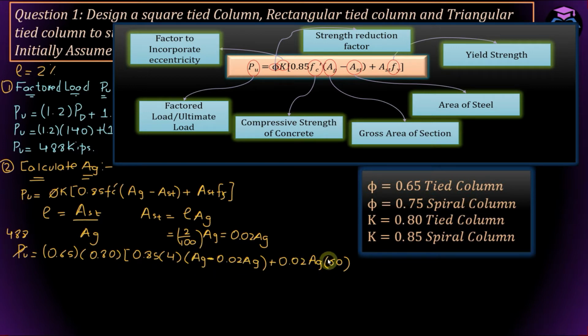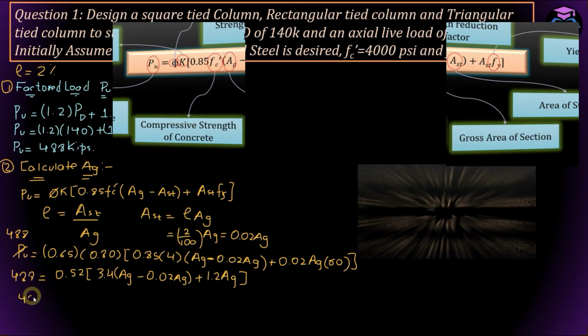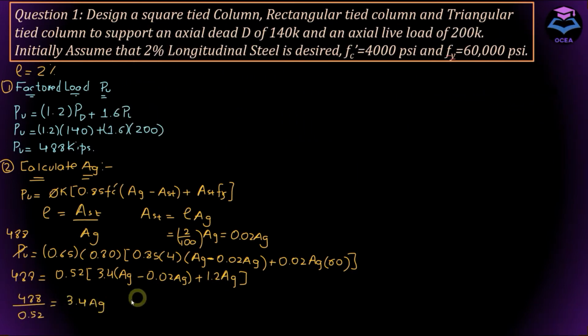We can calculate Ag from here, and if you simplify it, Ag is equal to 207.07. This is the gross area, or the total area of the section, needed to resist this load when we assume 2% longitudinal steel in the column.